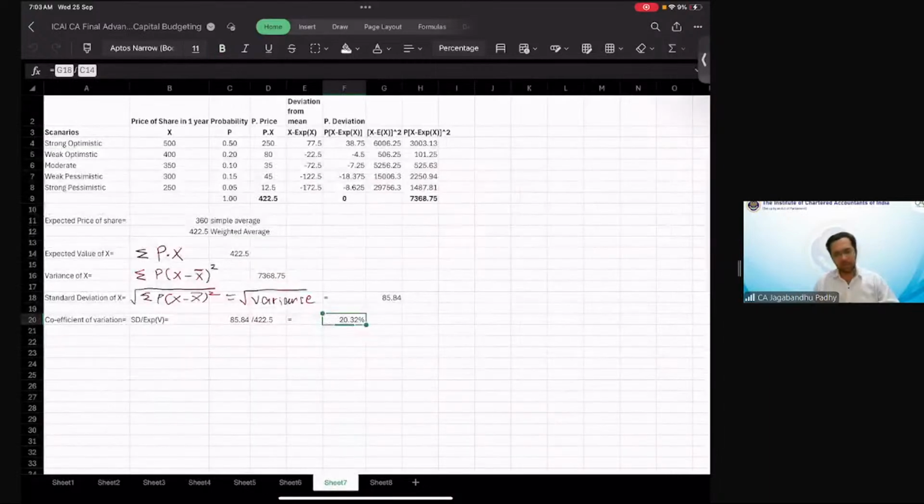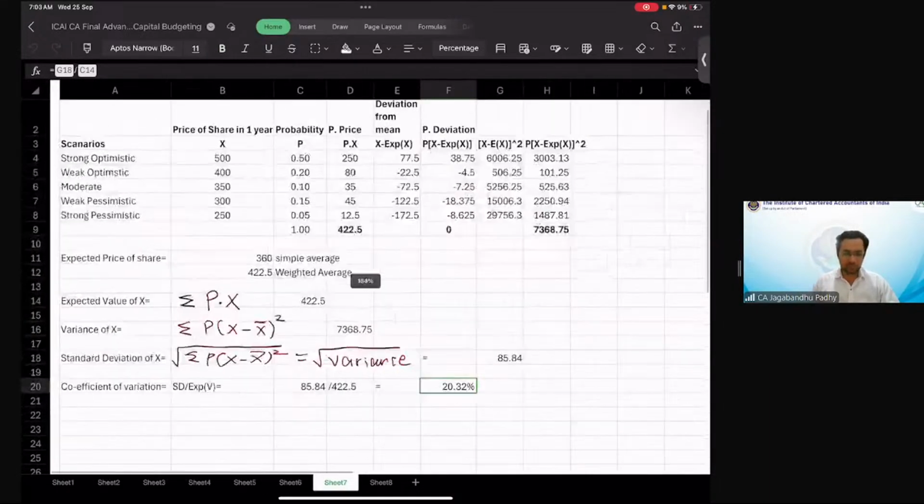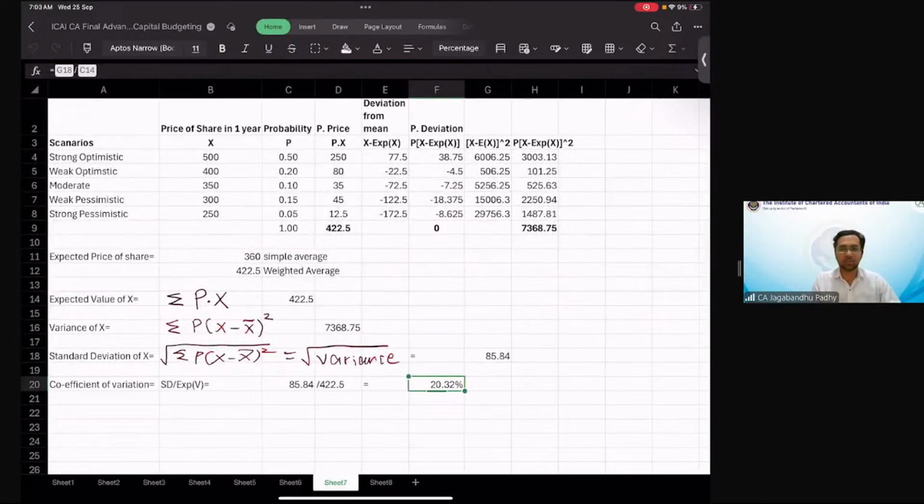Then we have already started with measuring the risk of a project using expected value, standard deviation, variance, and also the coefficient of variation. So expected value was simply the weighted average of the values that we expect in future. Variance was taking the deviation square rather.